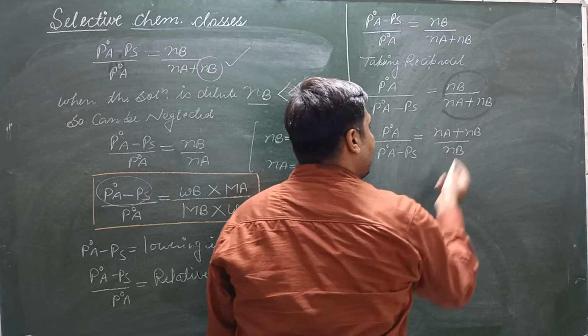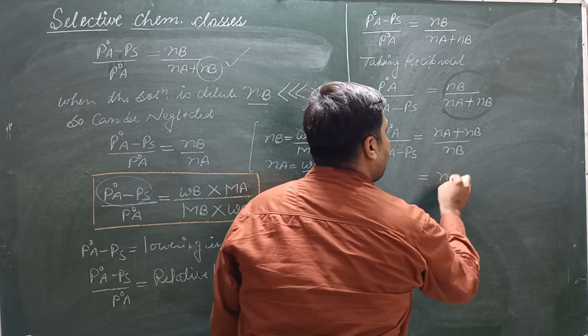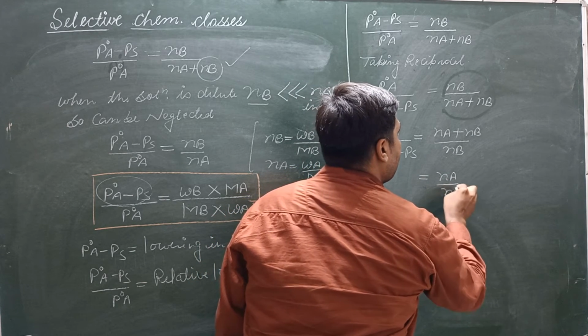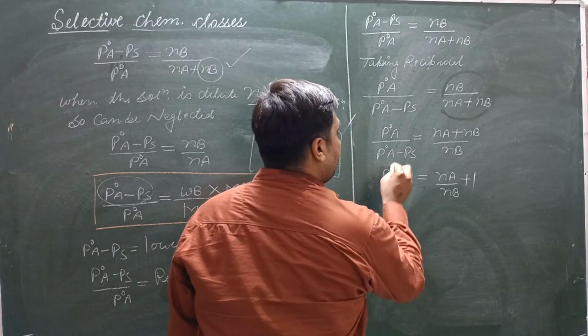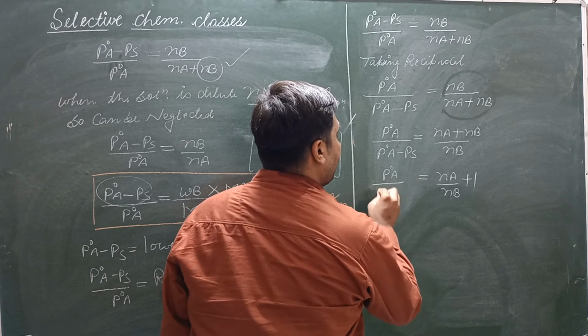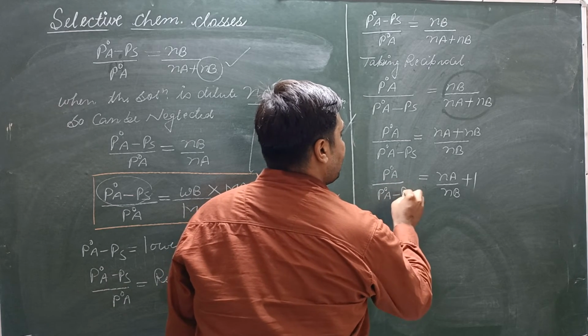This formula can be written as NA by NB plus 1, and this will be P naught A divided by P naught A minus PS.